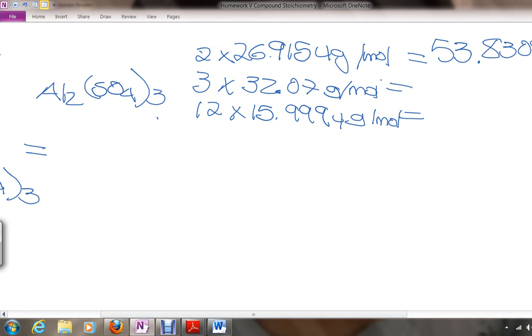Then 3 times 32.07 is 96.21 grams per mole.